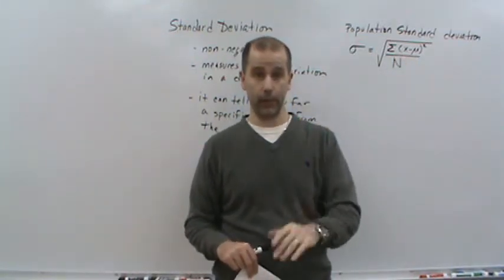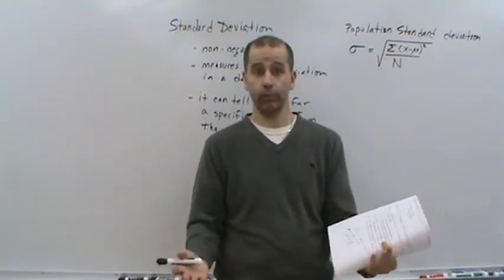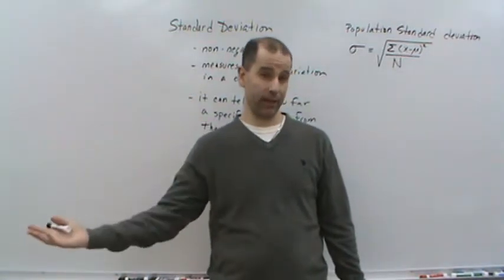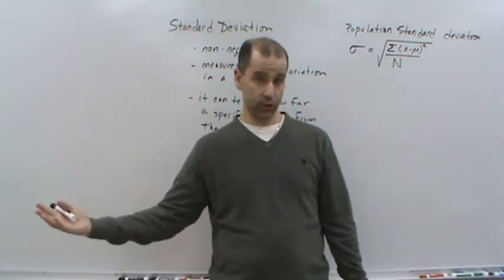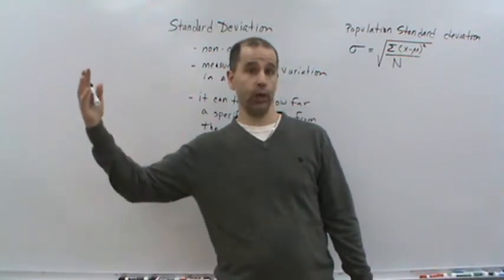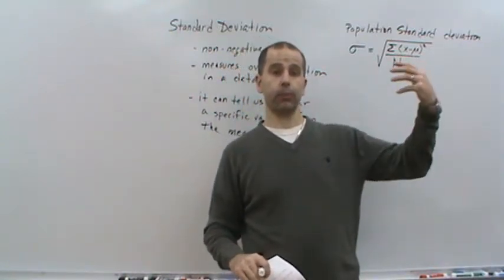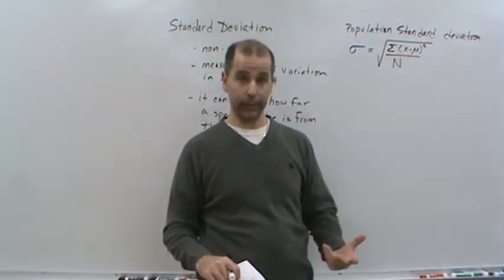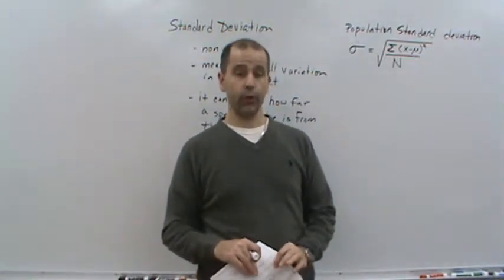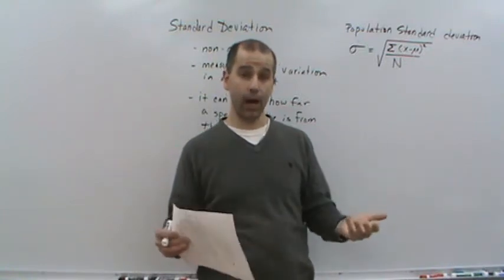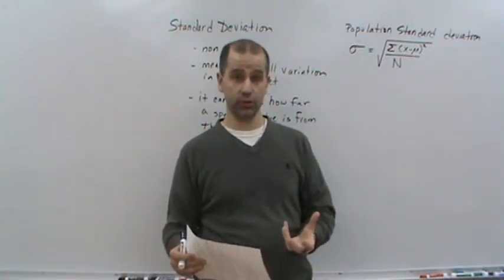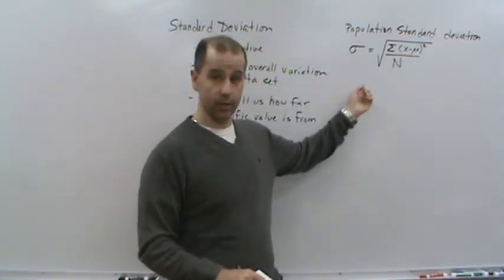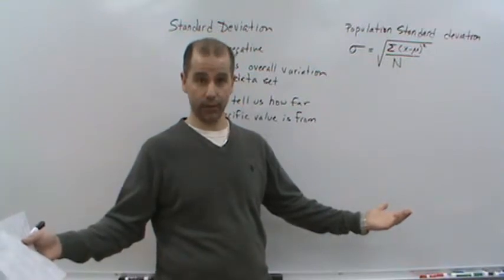The mean is in the middle, roughly. So we would expect about half of the observations in the population to fall below and about half to fall above the population mean. So if we took all of those deviations and summed them up, we'd get something very close to zero, which would not help us tell how spread out the data is.